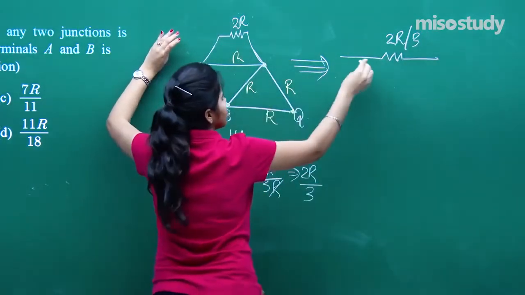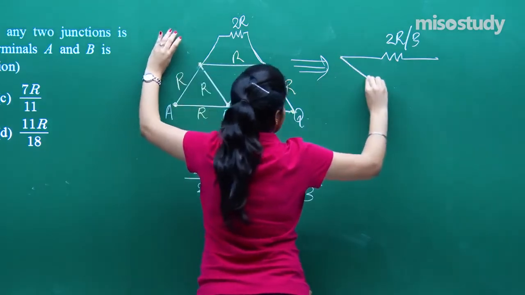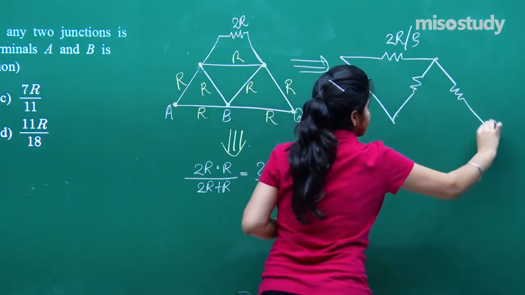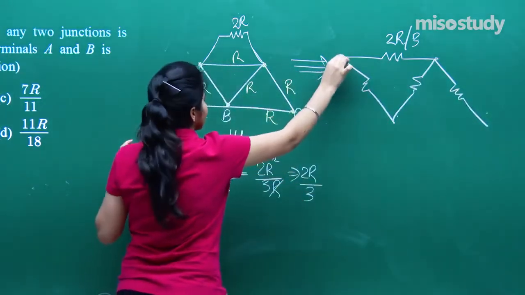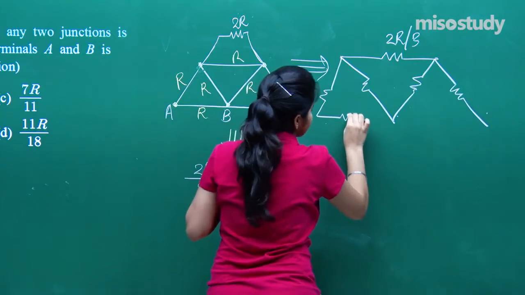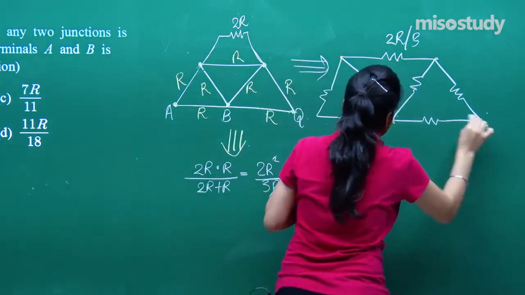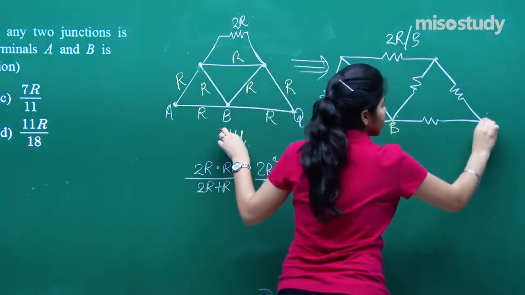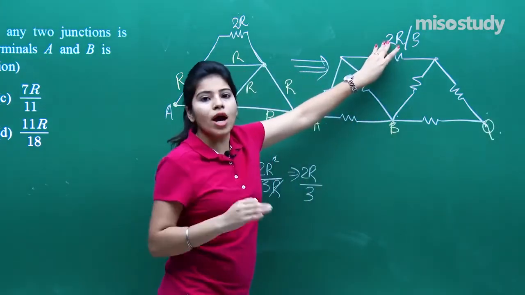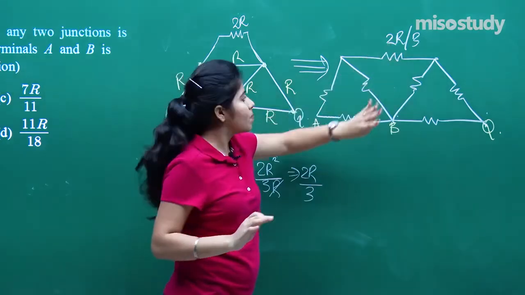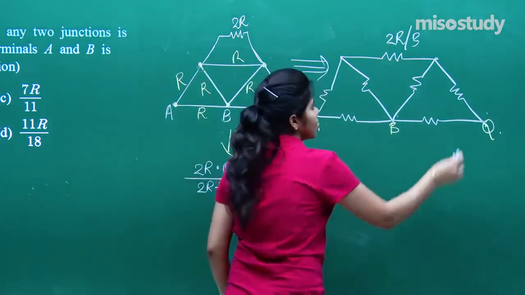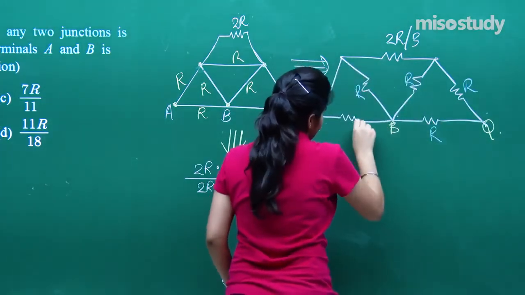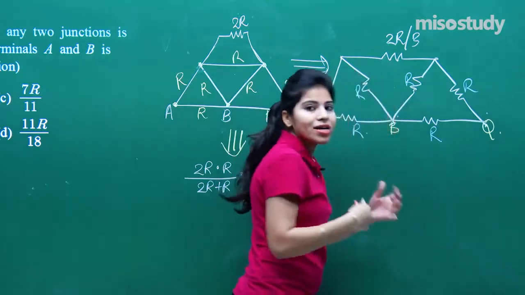Okay, let me redraw this figure. In place of these wires, I am connecting resistors. Now this is point A, this is point B, this is point Q. This has become 2R by 3, reduced now. Again you can see this is R, R, R. How can we simplify it more?